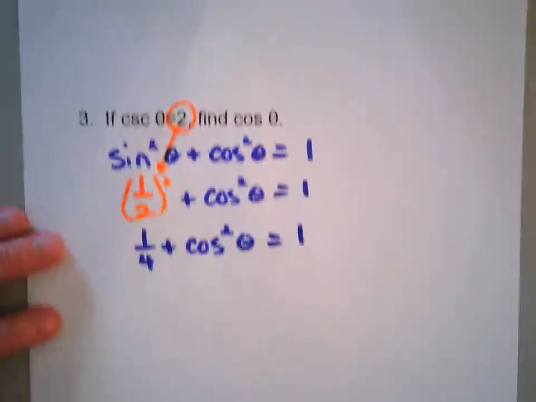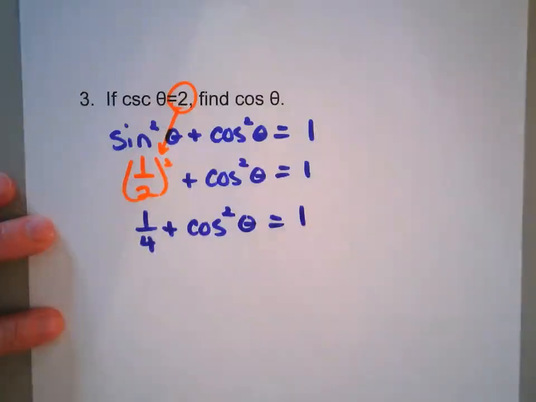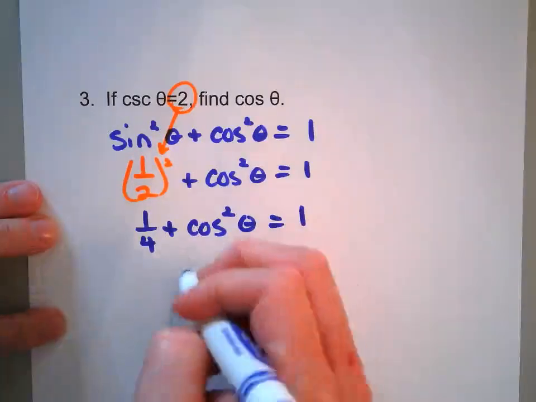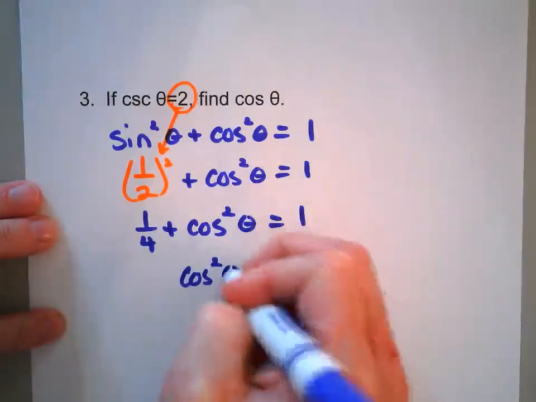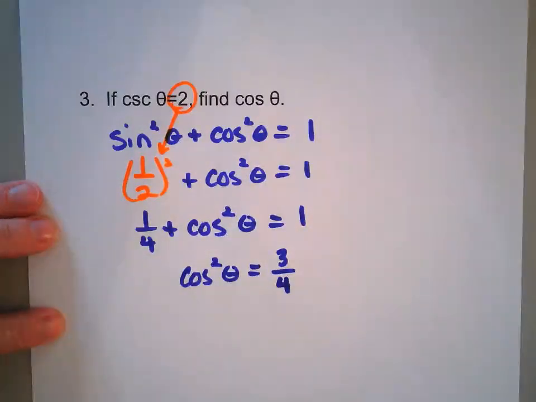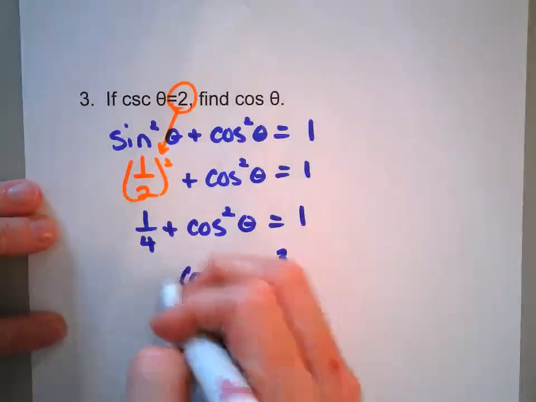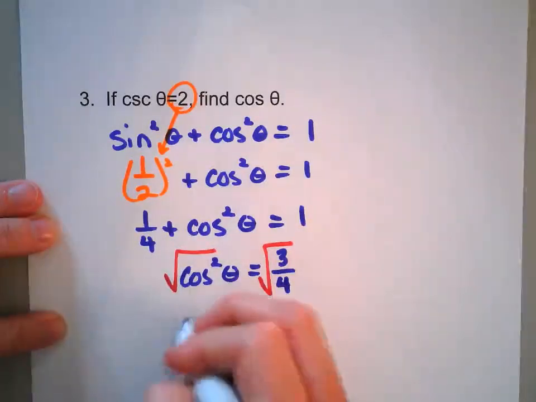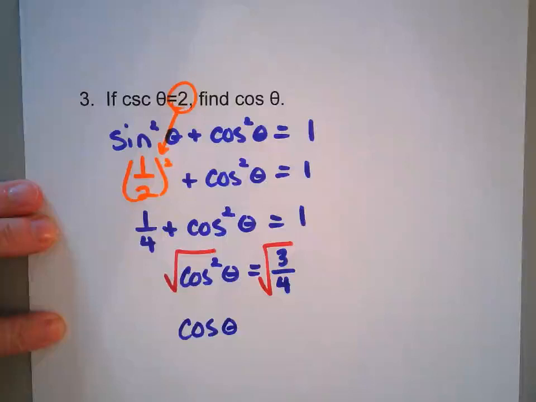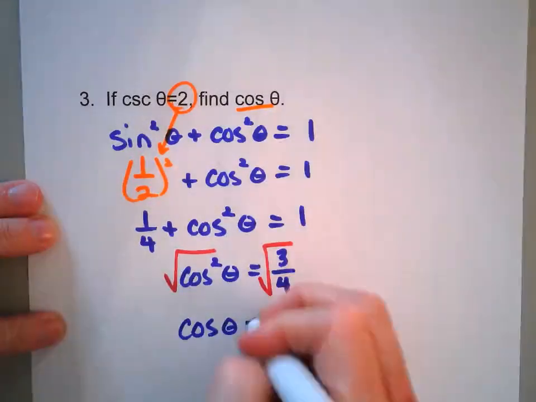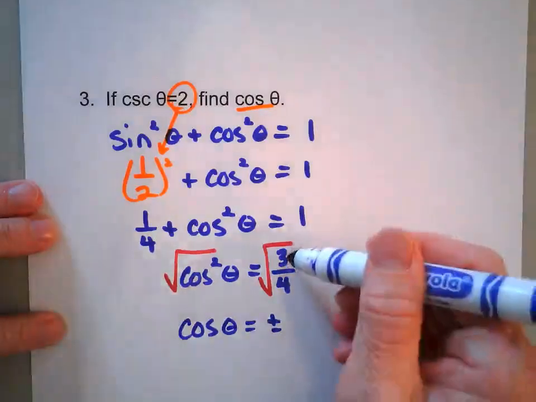Subtract the 1/4 from the 1. Okay, ready to square root. And cosine, which is what we're looking for, equals plus minus. What's the square root of 3?